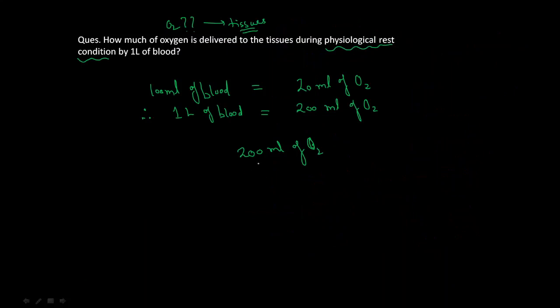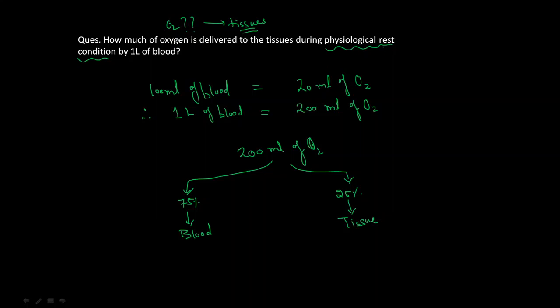Within 1 liter of blood, we have calculated that 200 ml of oxygen is present. So from this 200 ml of oxygen, 75% will remain in our blood, while only 25% will be given to our tissues, because only that much is needed when our body is at physiological rest.